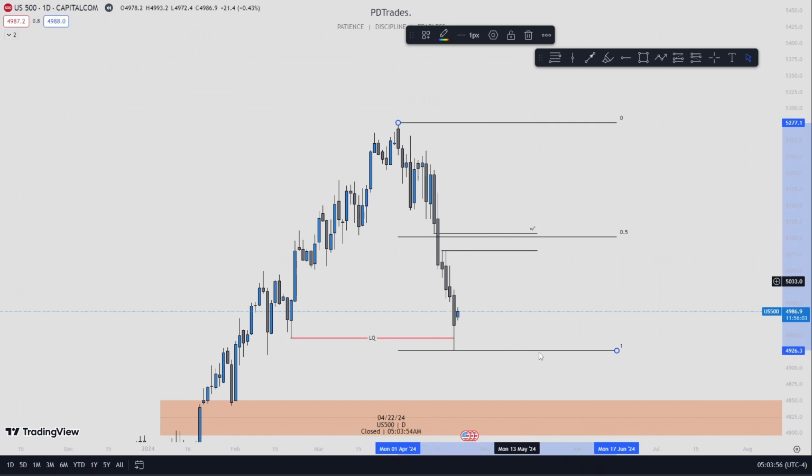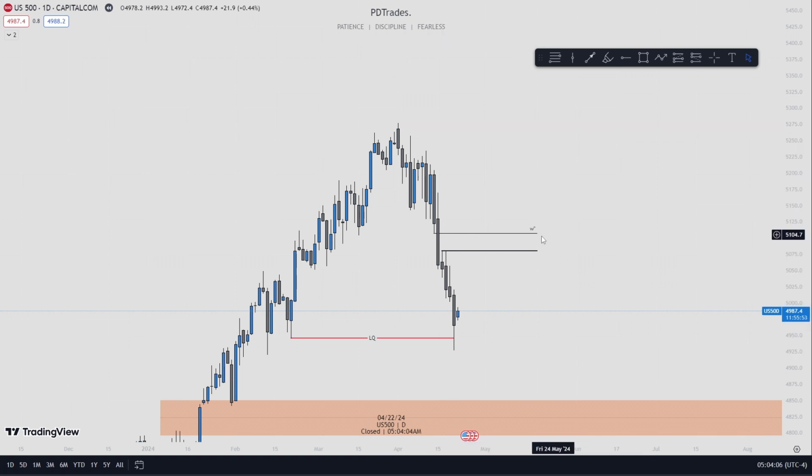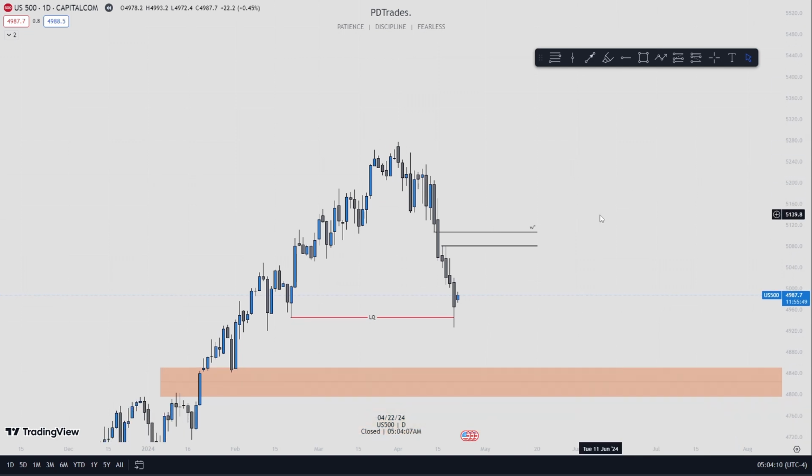It's in between, at the midpoint of this range. So price might be drawn into this fair value gap and shoot to the downside. I'm not saying it will, but for now I'm looking for a retracement to this fair value gap on S&P 500.